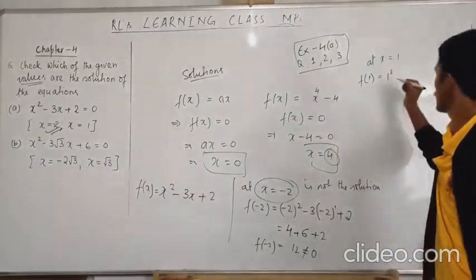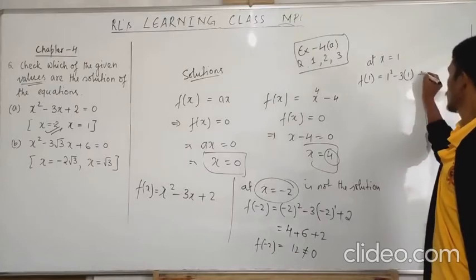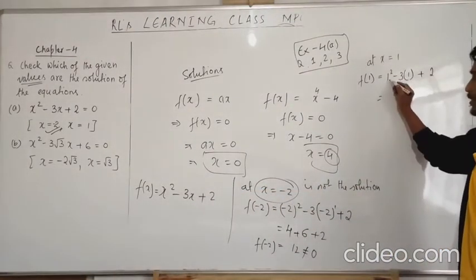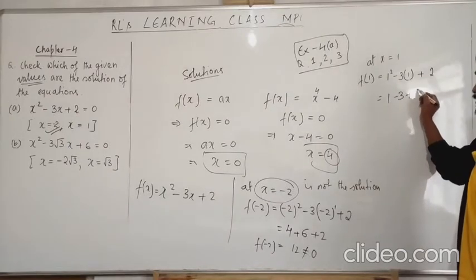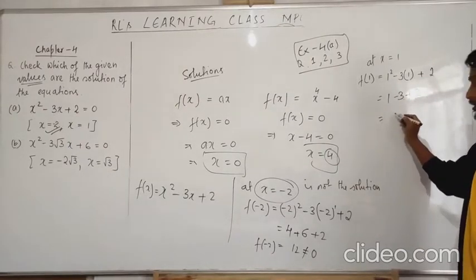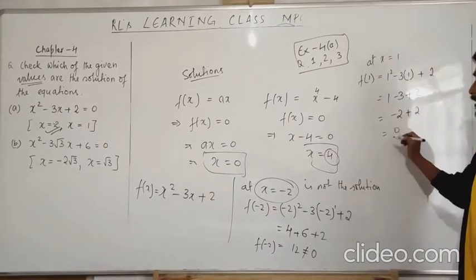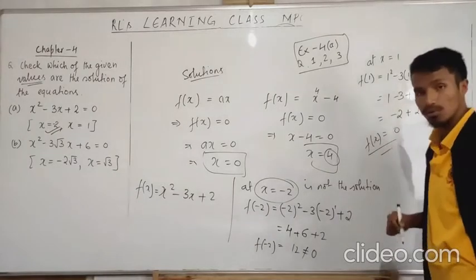Then minus 3x, x is 1, then plus 2. Then how much do we get here? 1 squared will be 1, then minus 3, then plus 2. Then 1 minus 3 we get minus 2, then plus 2, then minus 2 and plus 2 we get 0. Then here f of x is equal to 0.